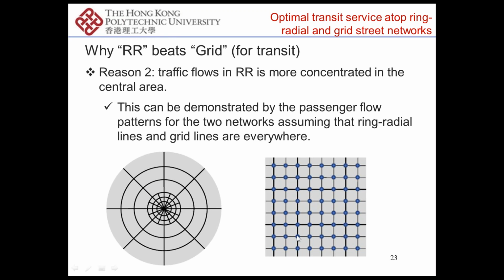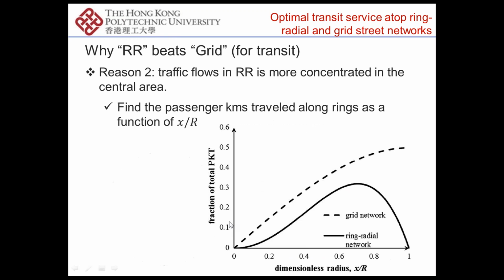Actually, this squared ring will consist of 4 different lines, but we just consider the passenger flows traveling through the squared ring at every location, and we'll plot these passenger flows. And here's the result. So the horizontal axis is the dimensionless radius of x over r.